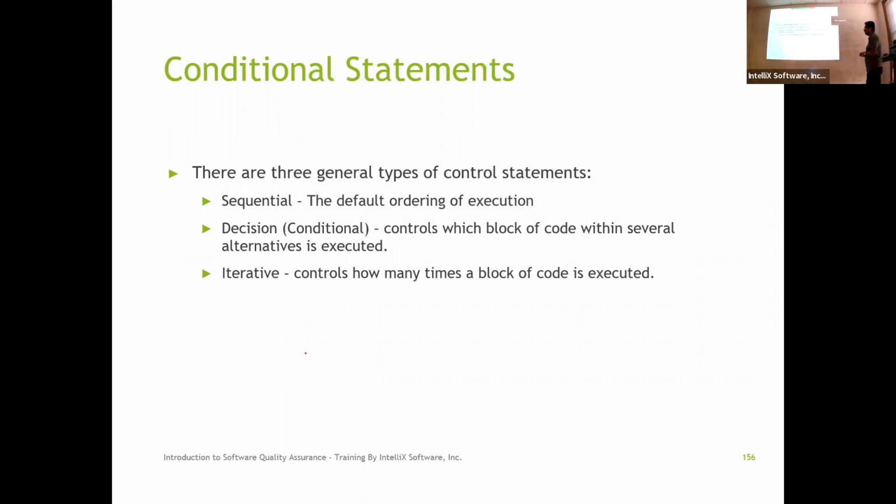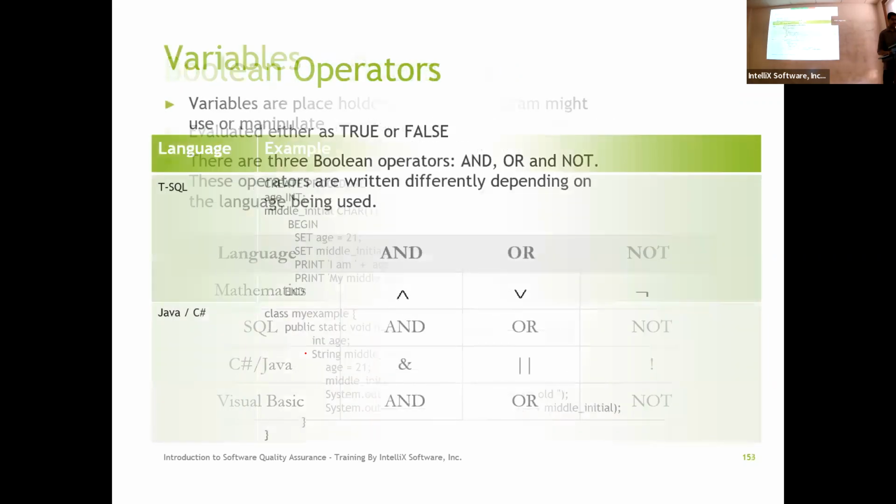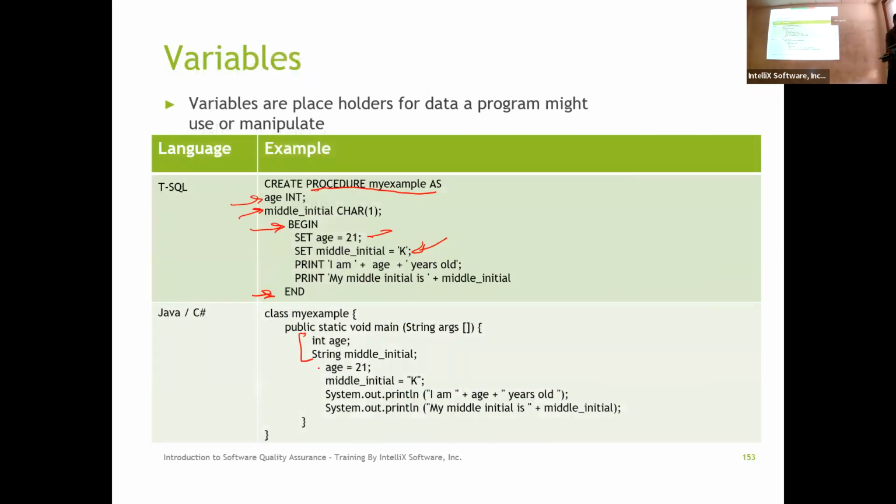The first one is sequential. So when we looked at this, these 4 statements which are part of the block are sequential. In other words, this will get executed first, then this, then this. It's the order in which the statements will execute. This is a sequential statement.